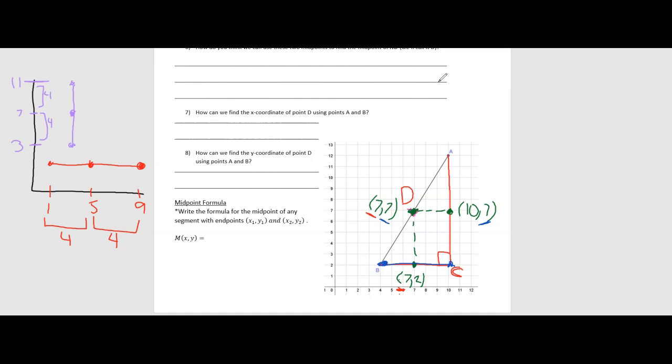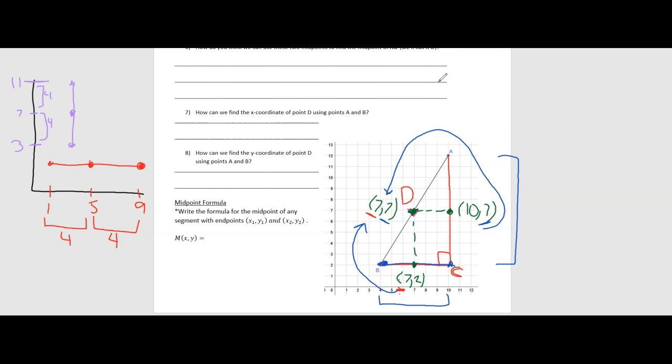If we drew a right triangle around a segment, we found the midpoints of the horizontal and vertical segments, and took the x-coordinate from the horizontal segment, that is going to be the x-coordinate of our midpoint. And we could take the y-coordinate of the midpoint of our vertical segment, and that would become the y-coordinate of our actual midpoint.